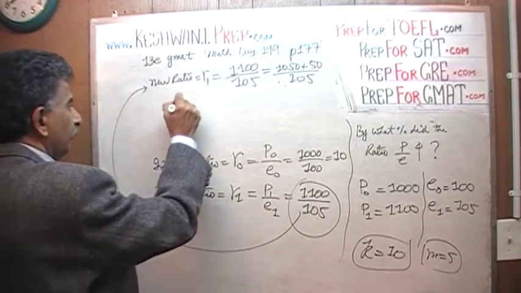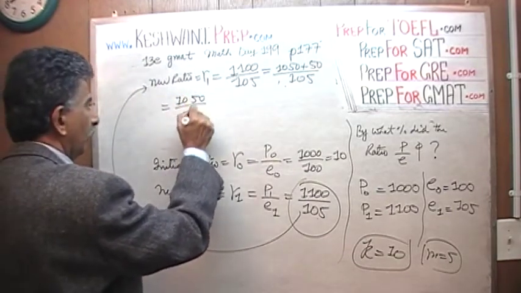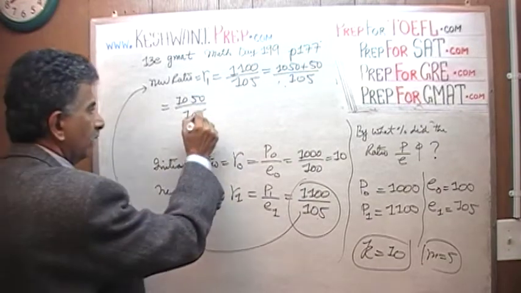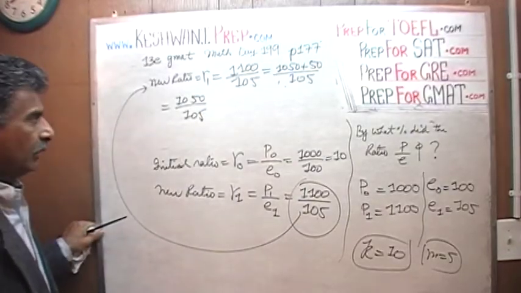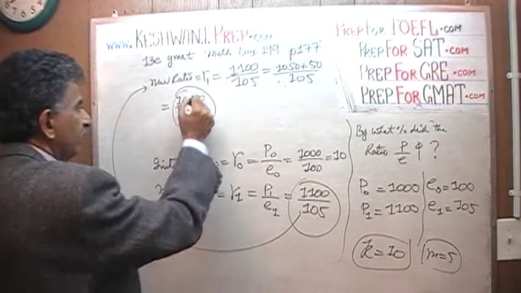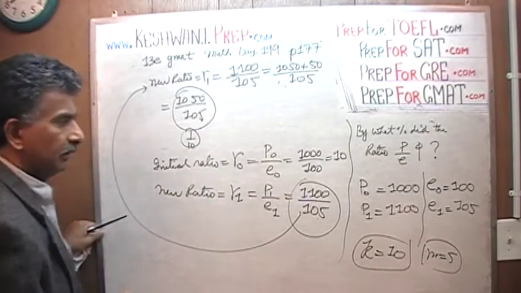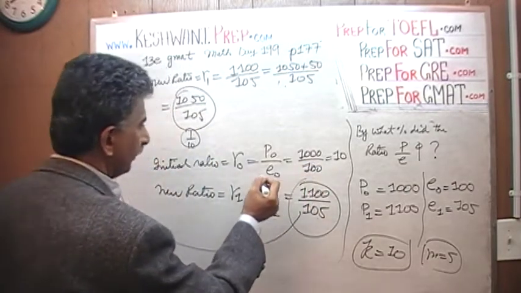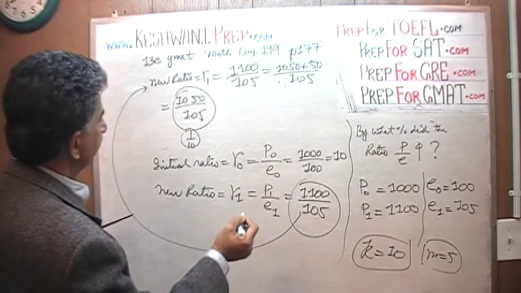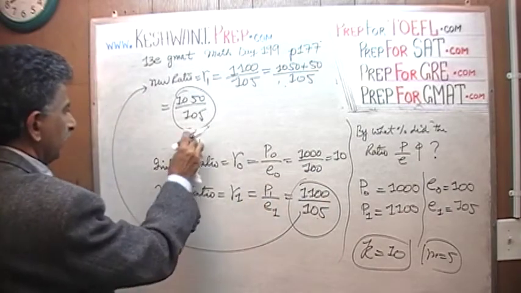But what is 1,050 over 105? Are you able to see that this is simply 10?